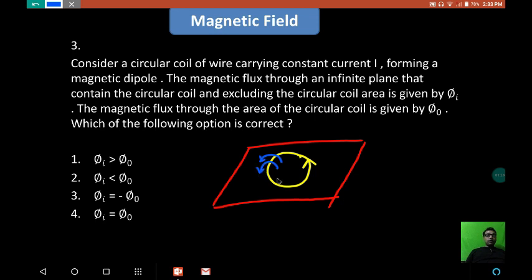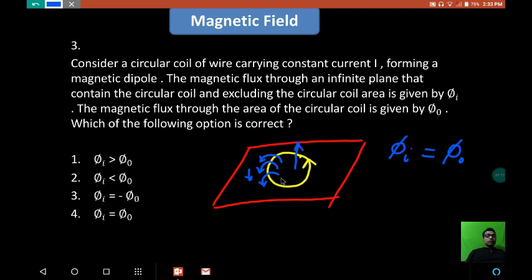So this is the line of forces, magnetic line of forces. The number of lines coming from inside the circle must equal the number of magnetic field lines going out of the circle. So we can say that phi I is equal to phi O, but the direction is opposite.